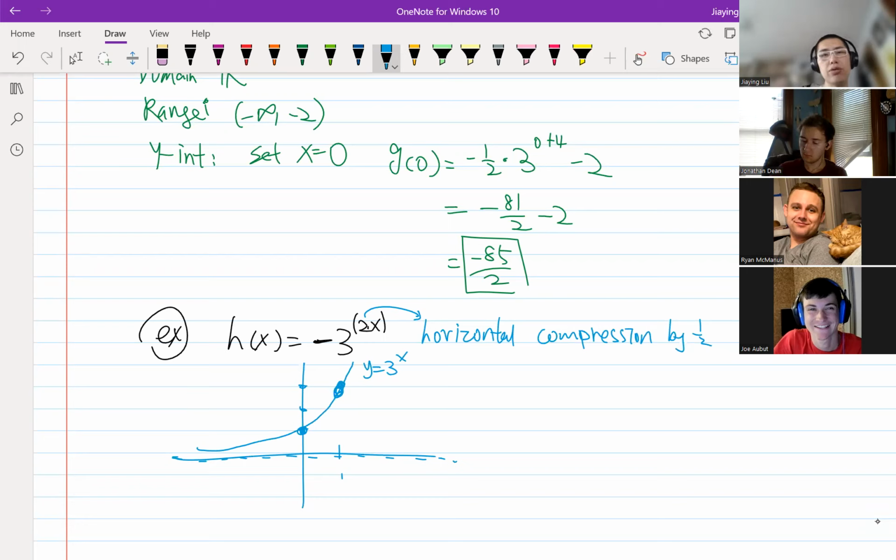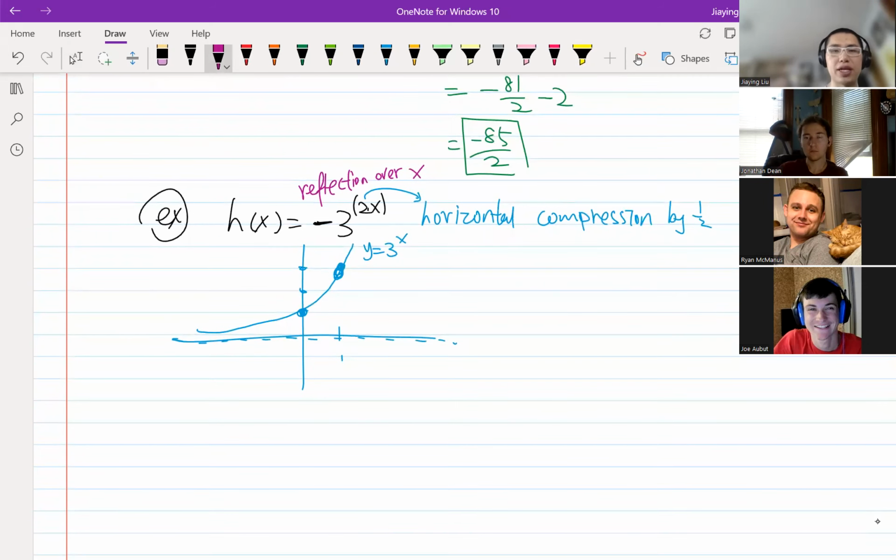And then we want to know how this h of x is related to this parent function. The negative, again, is just a reflection over the x-axis. And the 2, we said that's a horizontal compression. So if we reflect over the x-axis first, we get this -1, and then 1, -3, and 2, 3.